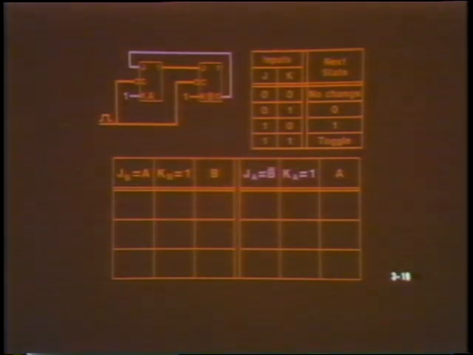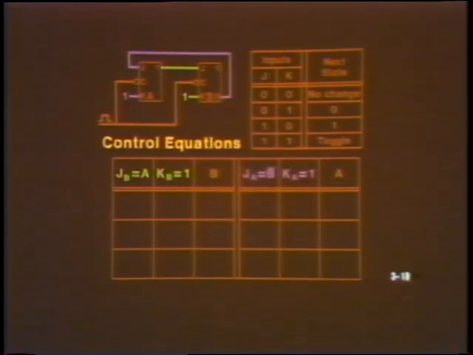For flip-flop B, the control equations are J sub B equals A and K sub B equals 1. Having the control equations at the top of the table will facilitate analyzing the circuit. We can directly determine the flip-flop inputs without constantly having to refer back to the circuit diagram.